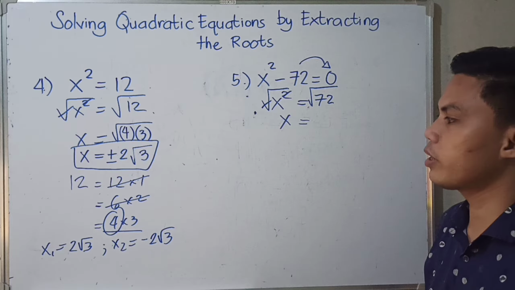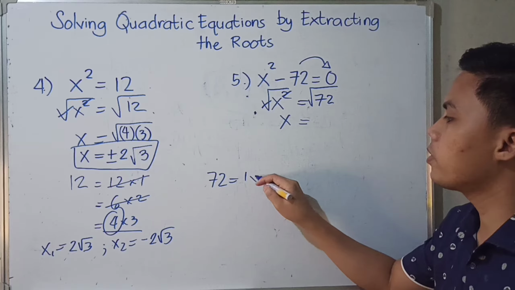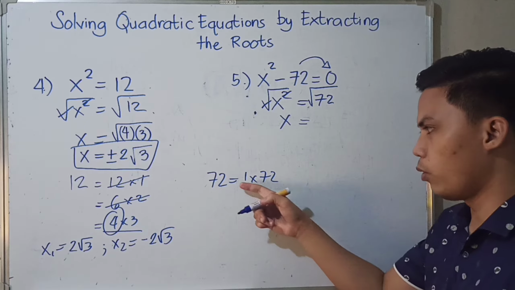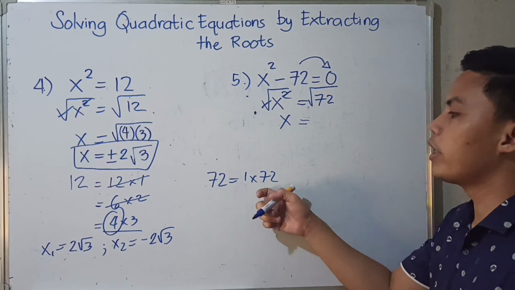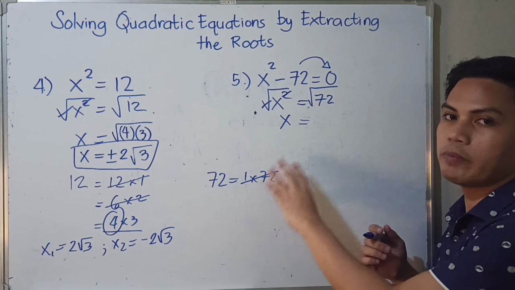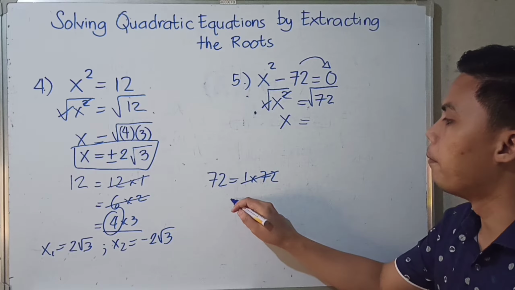Ano yung mga factors ni 72? Pwede na 1 times 72. Pero yung 1 times 72, although ang 1 is a perfect square, hindi na natin siya i-consider kasi nga, kung ito yung i-consider natin, babalik lang tayo dun sa given natin na 72. Ano pa?